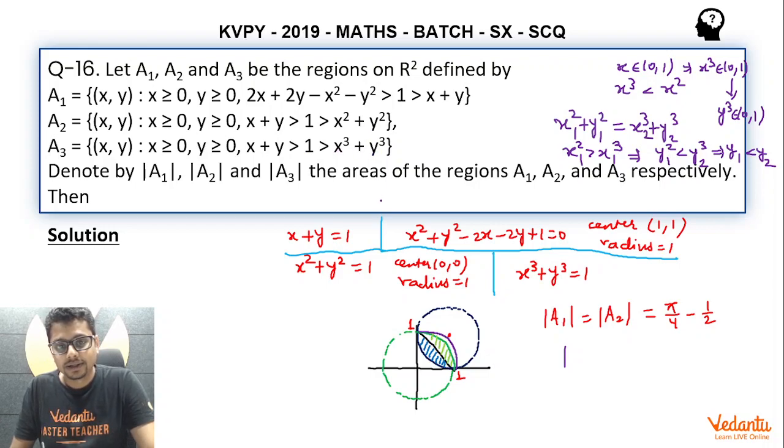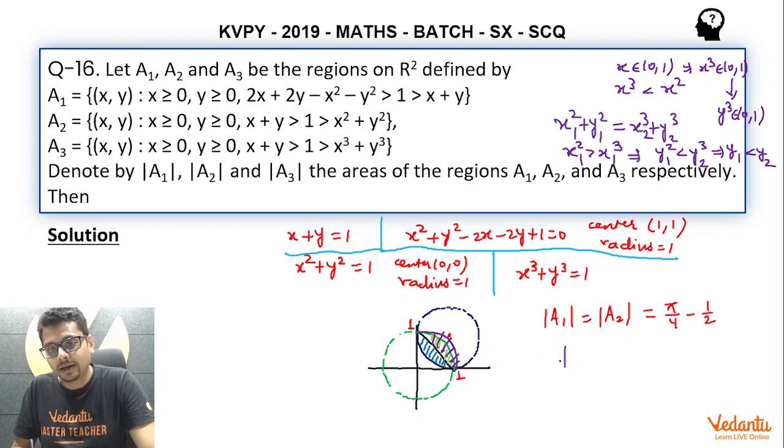So just as x square plus y square minus 1 less than 0 implies this green region, x cube plus y cube minus 1 less than 0 and x plus y greater than 1 would imply this region, above this line and inside this curve x cube plus y cube equal to 1.